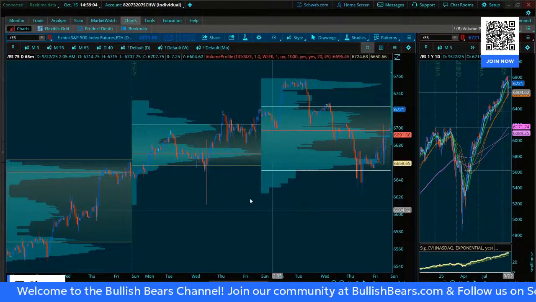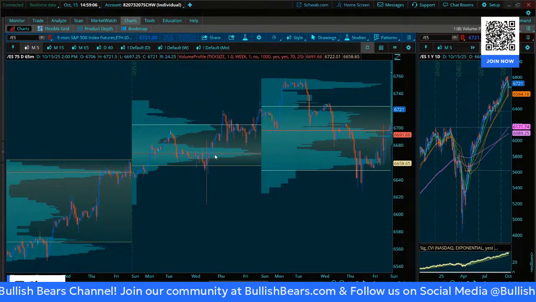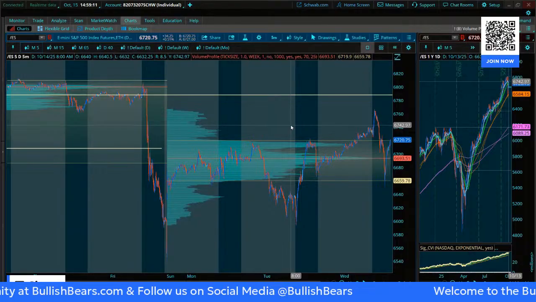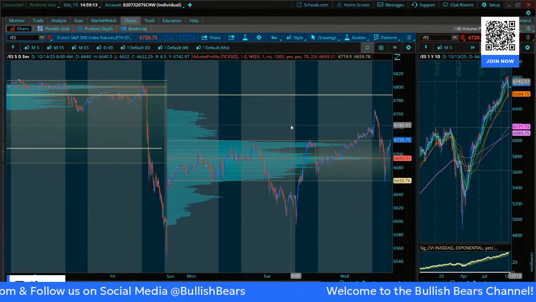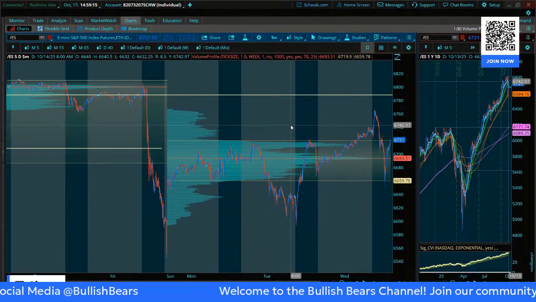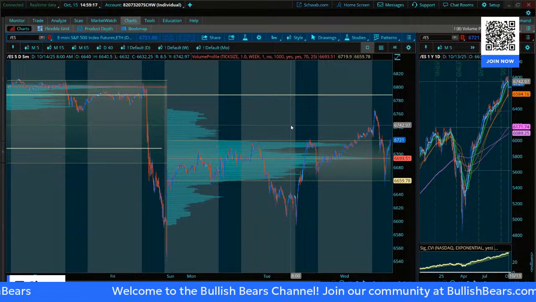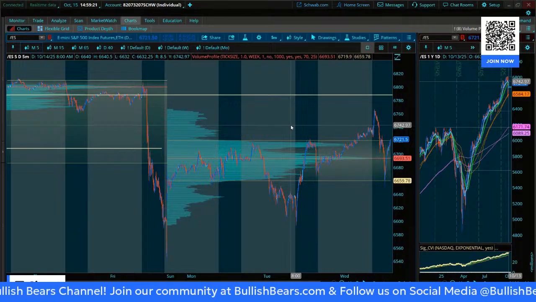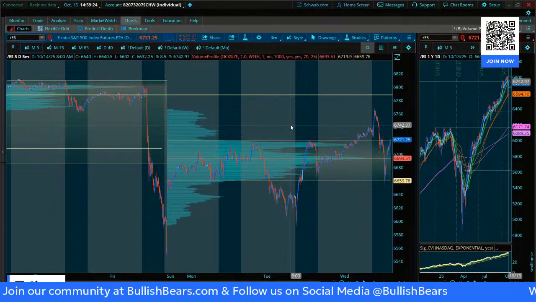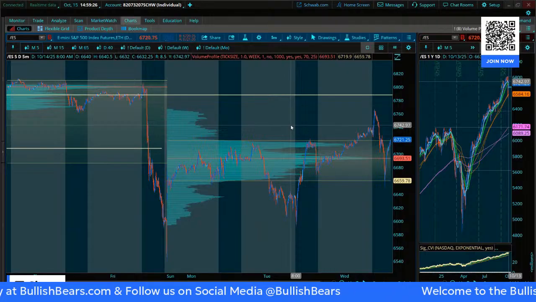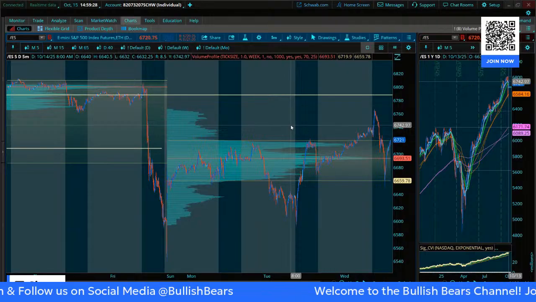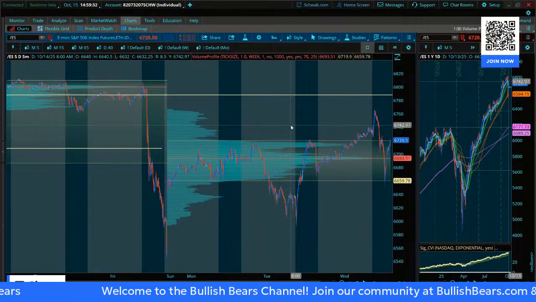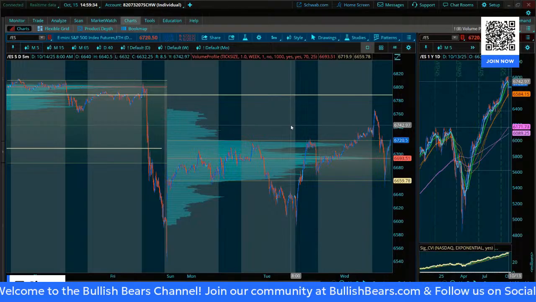So when it comes to drawing your own lines and levels, I've got my COG lines. Technically they're not mine, but we've got the COGs. And then we've got the typical lines: the high, low, close, Globex high, Globex low, today's open. I used to call those, quote, institutional pivots, but people kept misunderstanding the word institution to mean something like JP Morgan or Goldman Sachs or VC funds, because that's what we generally mean by institutions.